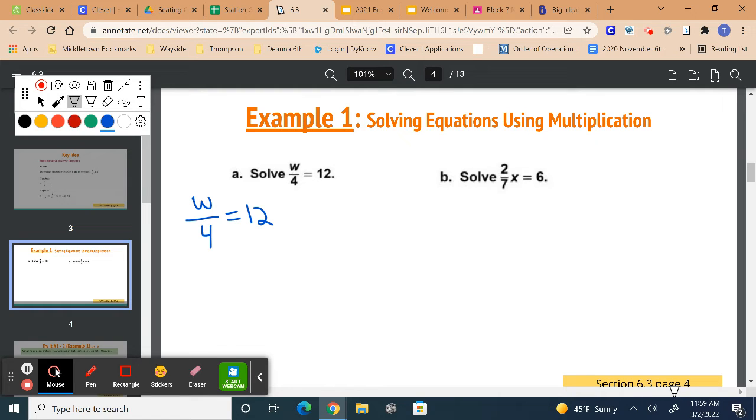You want W by itself. What's in its place? 4. What operation do you say? Division. Okay, what's the inverse? Multiplication. How do we show multiplication? Parentheses. I love it. Okay, so we're going to put parentheses on one side or both sides? Both sides. Good.